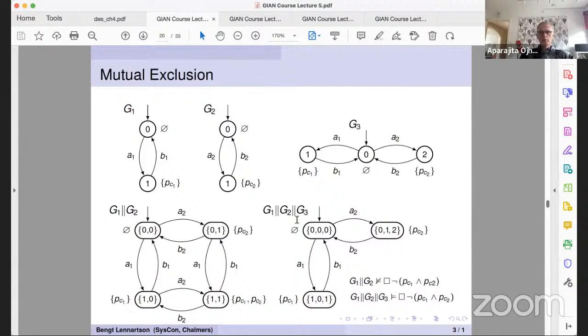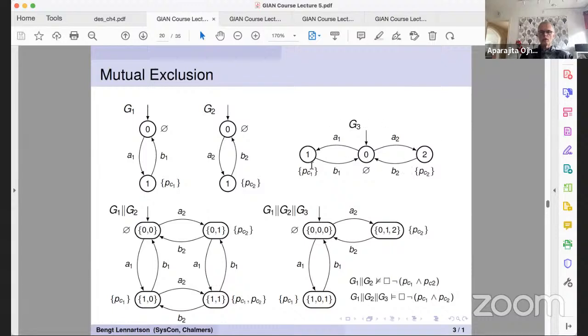How can that be done? Well, we could introduce a mutual exclusion model saying that if you execute A1 and reach state 1 where you have PC1, then it's not possible to execute A2 at the same time. So when A1 is executed, then A2 is blocked.